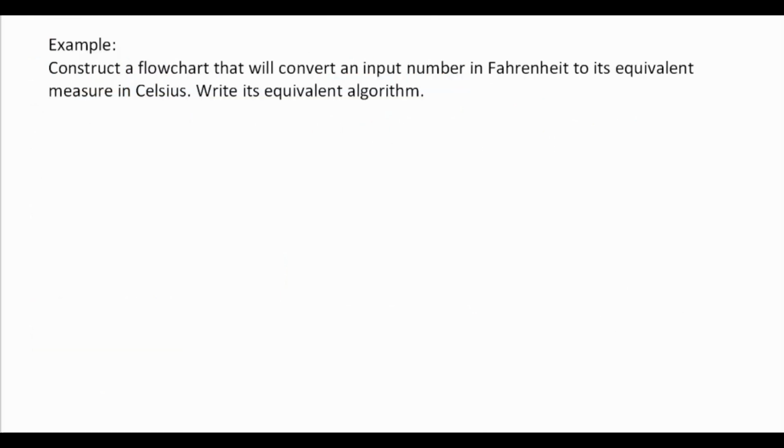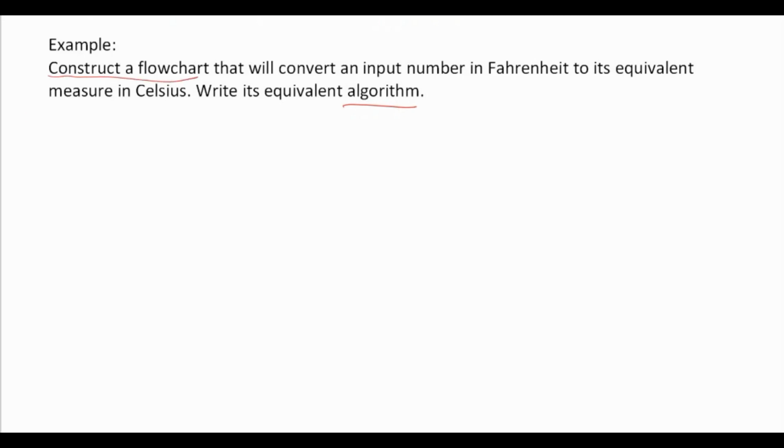Let's try to do this given example. The problem is: construct a flowchart that will convert an input number in Fahrenheit to its equivalent measure in Celsius, and then write its equivalent algorithm. Or we could start with writing the algorithm, and then after that, we construct the flowchart.